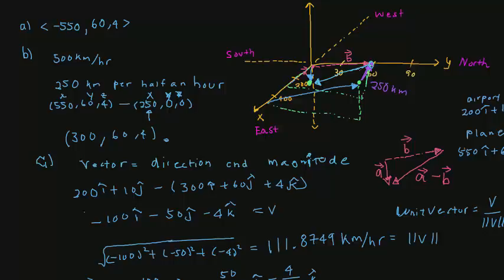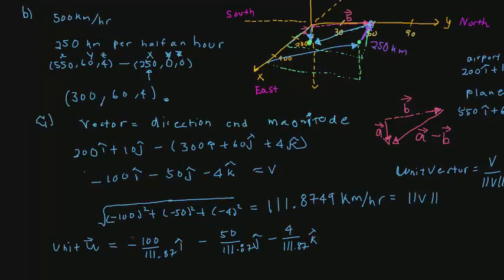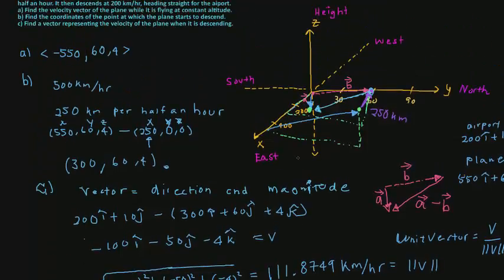But we want to find the overall velocity vector at which it's descending at 200 kilometers per hour. So all we have to do is multiply the unit vector by 200, and then once we do that, we will have the vector representing the velocity of the plane when it is descending. So we'll have this right here.